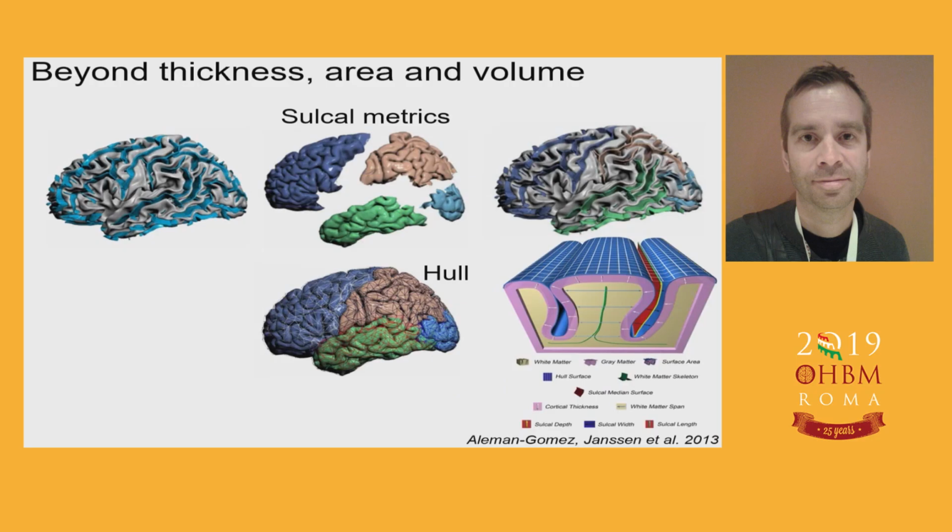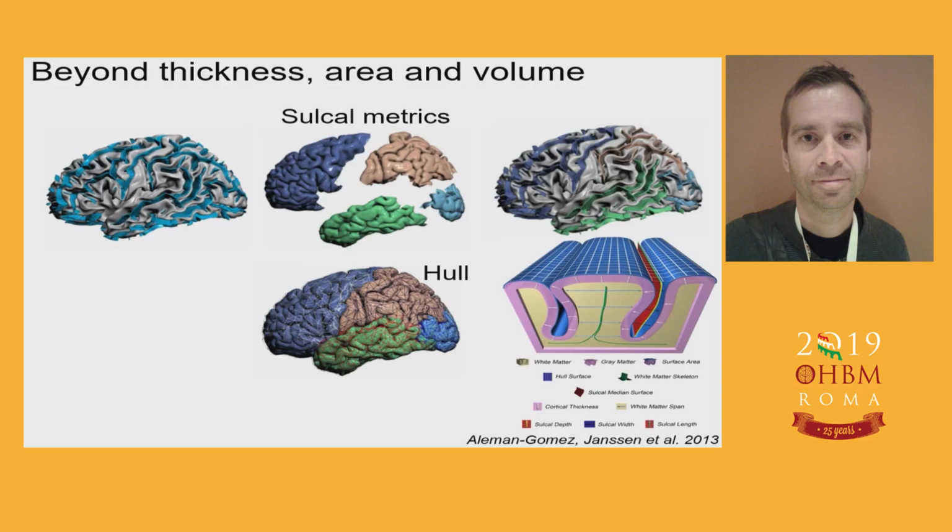Now, the problem with this gyrification index that I just discussed is that it's a composite measure. So if you want to know what drives these gyrification changes, you need to decompose this measurement. There are numerous software packages to achieve this, and I'm just giving one example here. This is using the software package BrainVISA, which is freely available from their website.